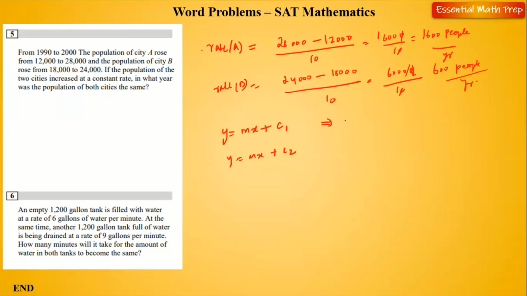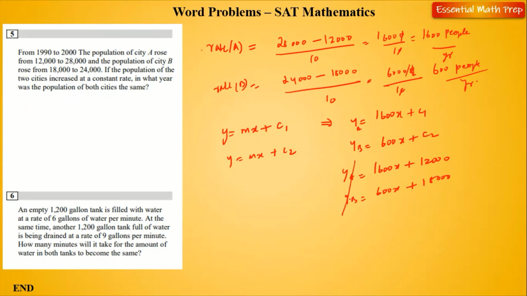So YA is 1600x plus C1, and YB is 600x plus C2. We still haven't addressed what the intercept is. Because you're starting with 12,000, that's your base value, just like the base value we saw for the gym. C1 is 12,000, so YA equals 1600x plus 12,000. Similarly, YB equals 600x plus 18,000.